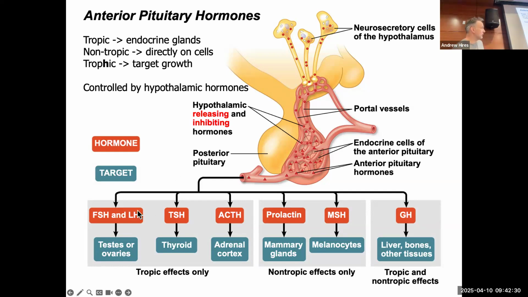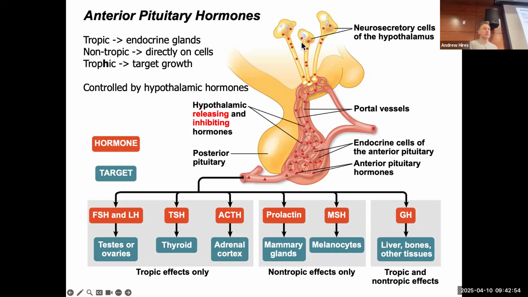For each one of these hormones that we're seeing, these ones in red, orange, whatever, these are produced by specialized cells within the anterior pituitary, but the release of those is in turn controlled by different hormones that are specific to that hormone up here, from the hypothalamus.